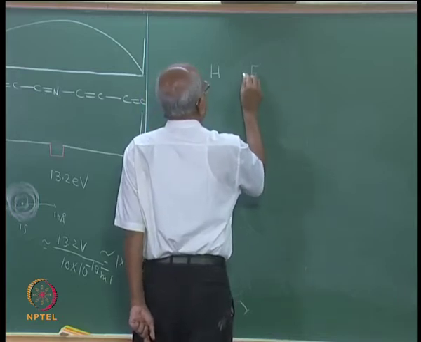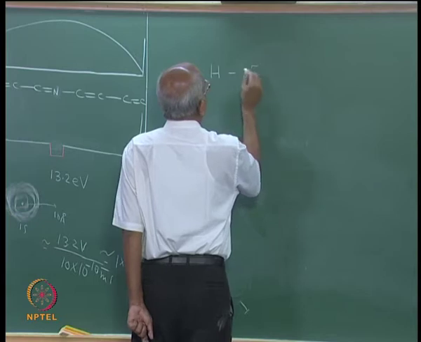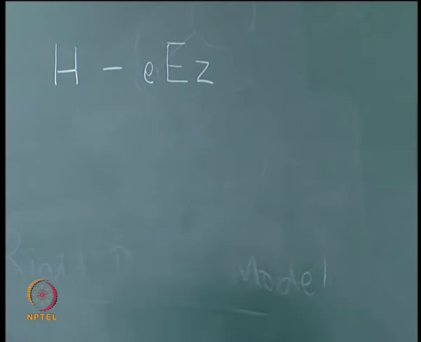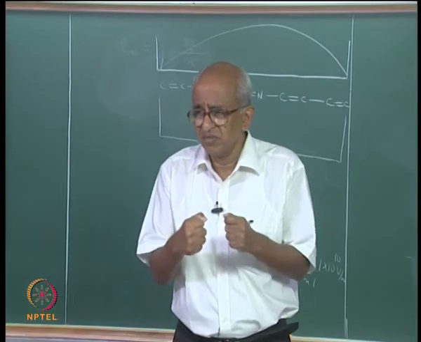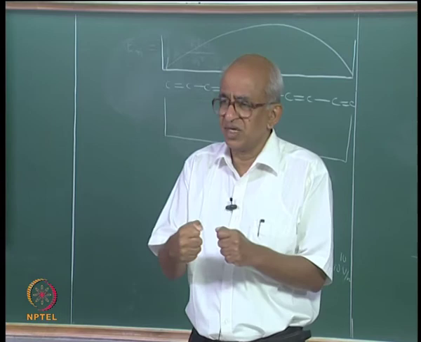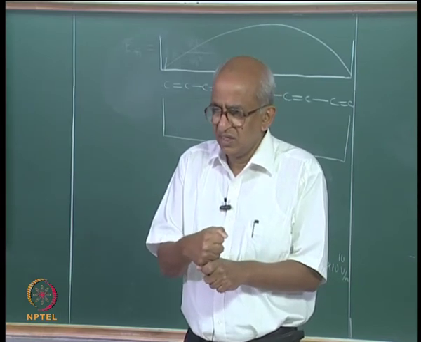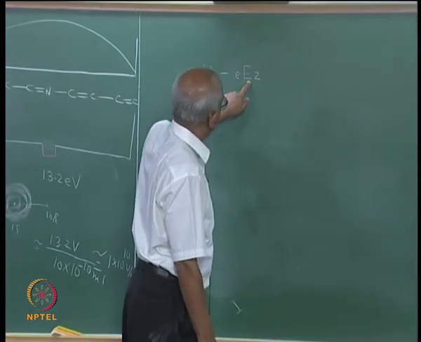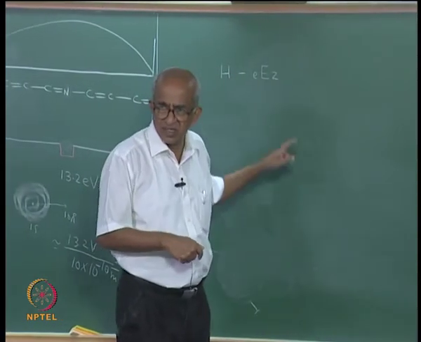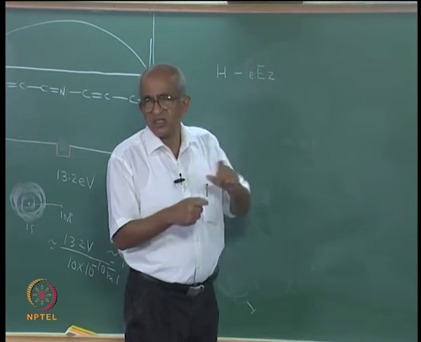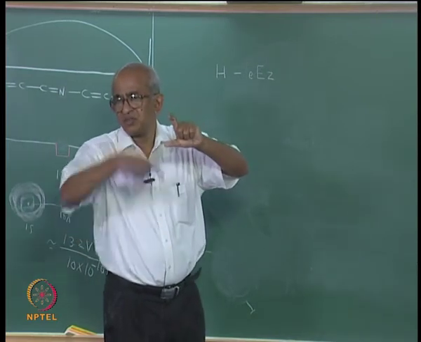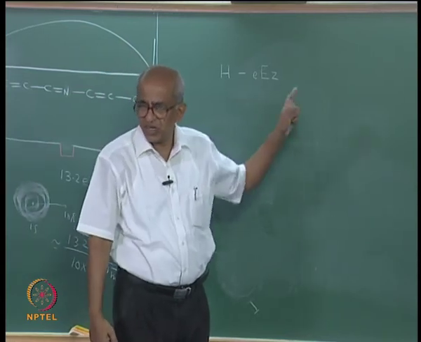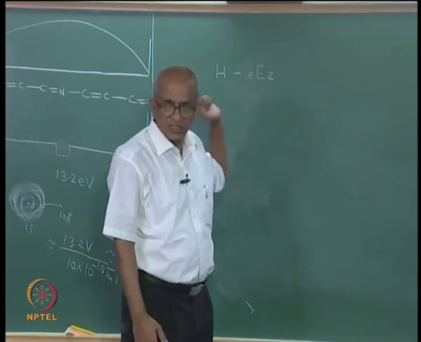Well, let me denote it by capital E, and if you apply it in the z direction, what will happen is that there is an additional term because of the interaction of the electric field with the charges, and that additional term would look like this, minus e into capital E into z. Capital E is the externally applied electric field, and z is the z coordinate of the electron. Why z coordinate? Because I am applying the electric field in the z direction. If you had applied it in the y direction, then you would have had y there.